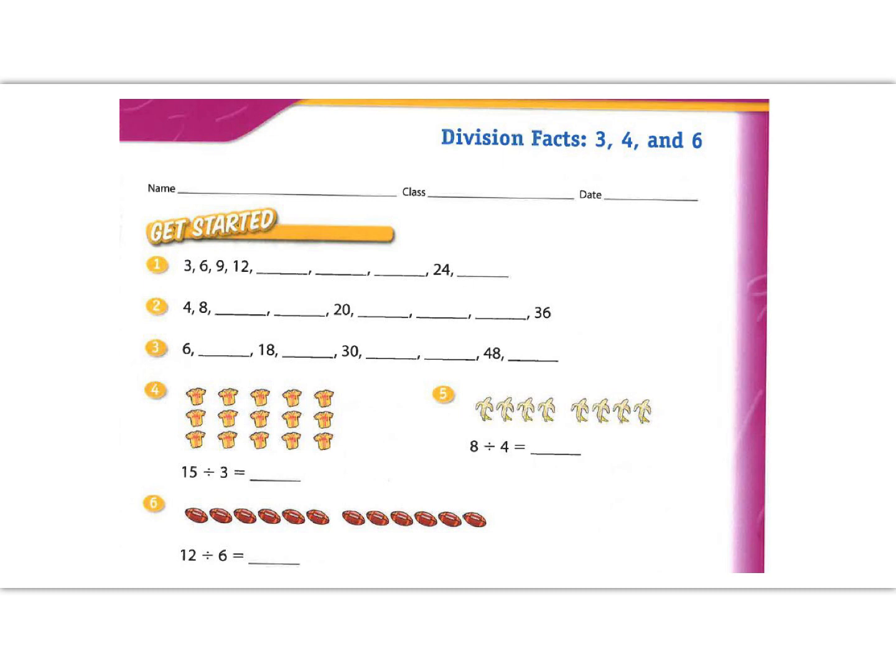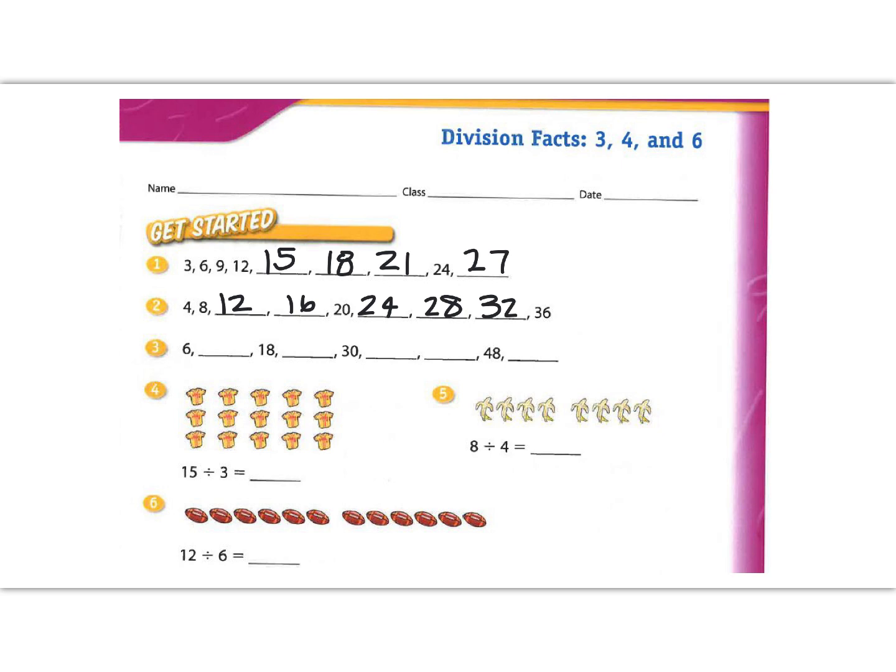If we start with number 1, we have 3, 6, 9, 12. We keep adding 3: 15, 18, 21, 24, 27. For number 2, count by 4s: 4, 8, 12, 16, 20, 24, 28, 32, 36.